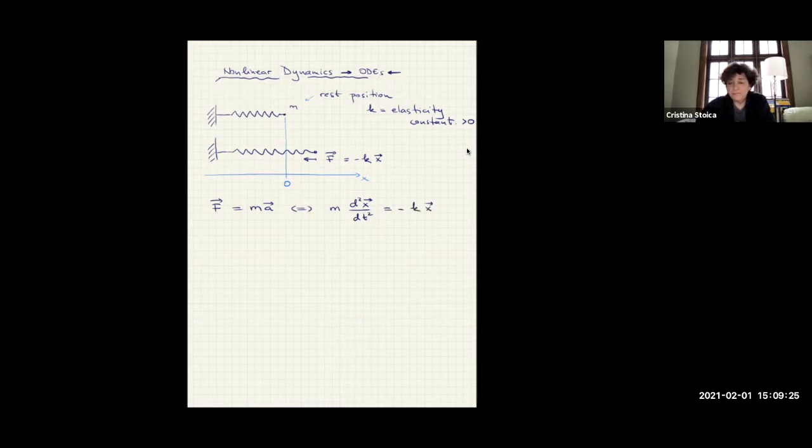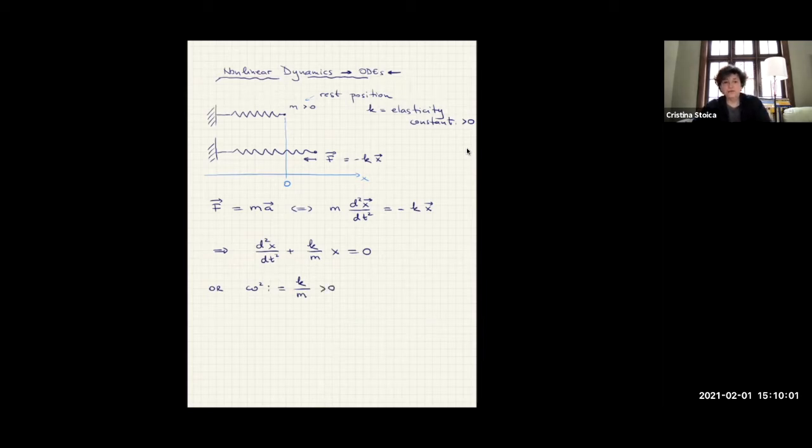Now, discussing this plus or minus as x is positive or negative, we end up with one equation of motion that looks like this: d²x/dt², and because M is positive, it's a mass, these are physical objects, we can say x double dot plus K over M x equals 0. If we denote K over M as omega squared, this is a positive number.